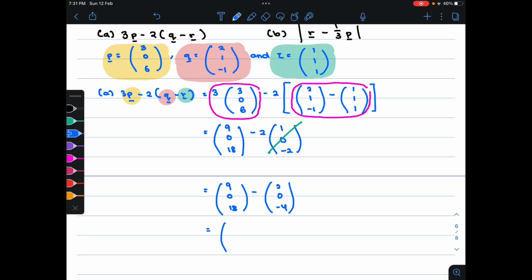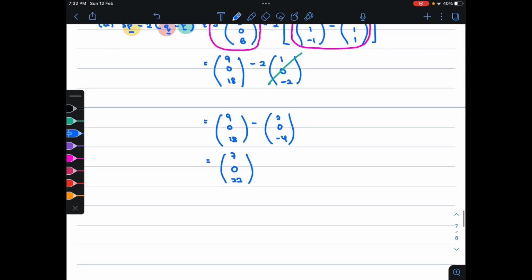And hence, the final answer should be 9 minus 2, 0 minus 0, and 18 minus negative 4, which is (7, 0, 22). And don't forget, final answer is 7i plus 22k, because here it is 0j.